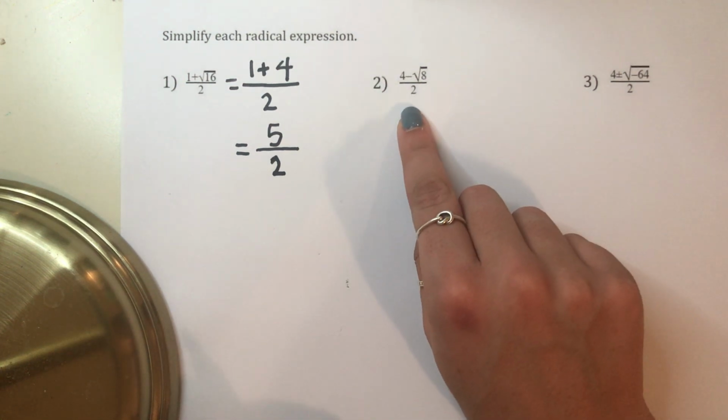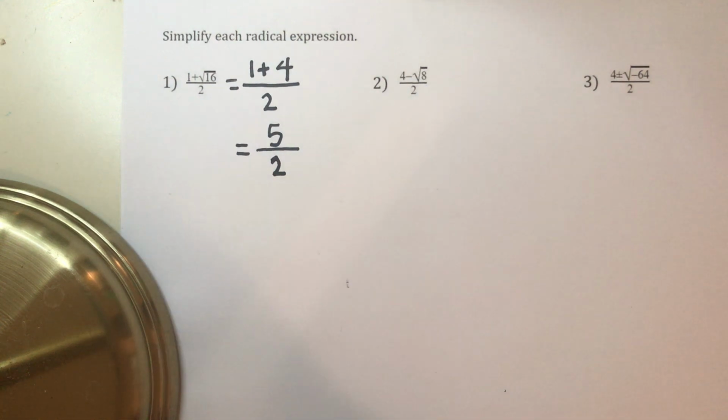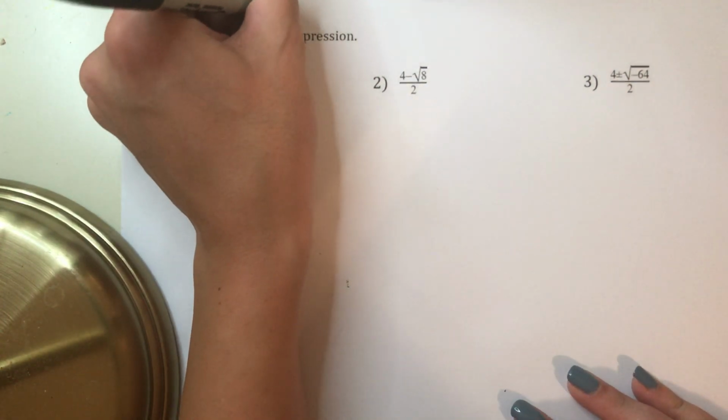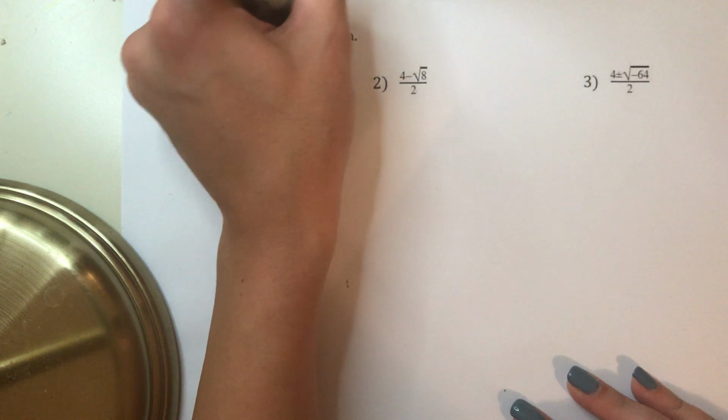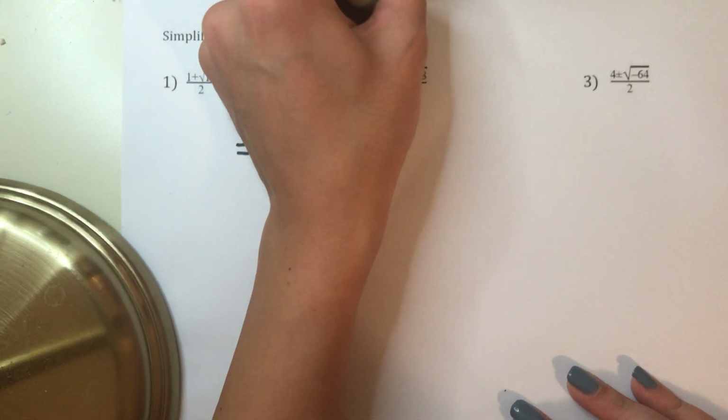Now I look at number 2 and I see that the square root of 8 is not a perfect square. What I recommend you do at the top of your test is go ahead and write out your square factors, just so it's super obvious what they are, and they're right in front of you the whole time.